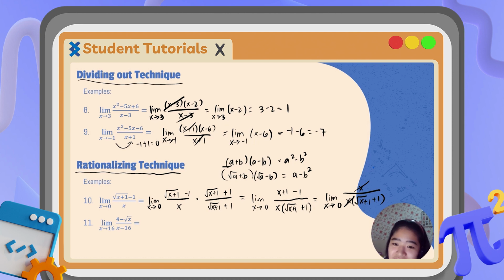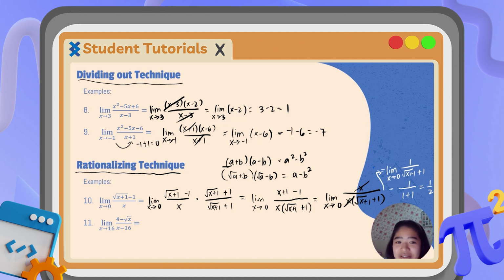So you divide that out and you'll be left with, okay, I'll just write this here, the limit as x approaches 0 of 1 over the root of x plus 1 plus 1. Then when you substitute 0, you're going to get 1 over 1 plus 1, which is 1/2.